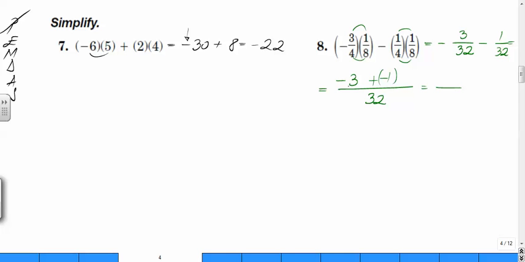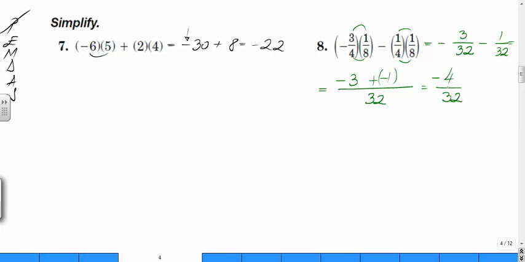So basically your problem now is adding two integers with the same sign, for which we have the other rule that says you add their absolute values. You have the absolute value of negative 3 plus absolute value of negative 1, which is 3 plus 1. That gives you 4. And keep their sign. Everything over 32. Now, think about, are you done?